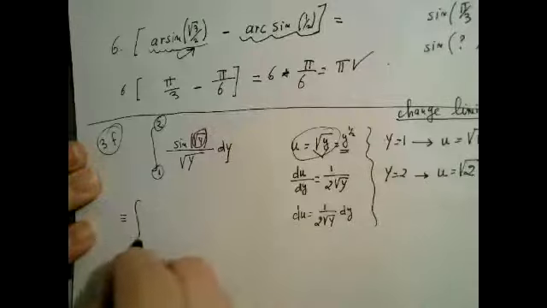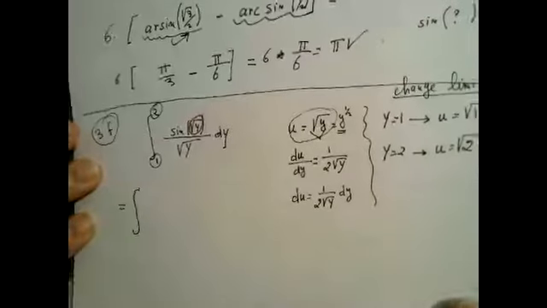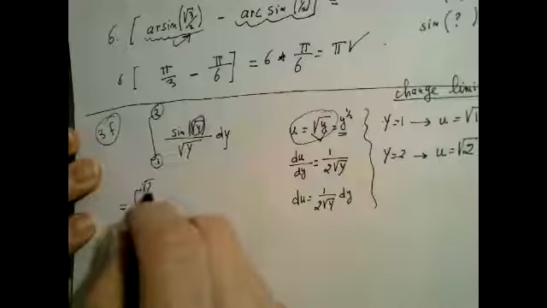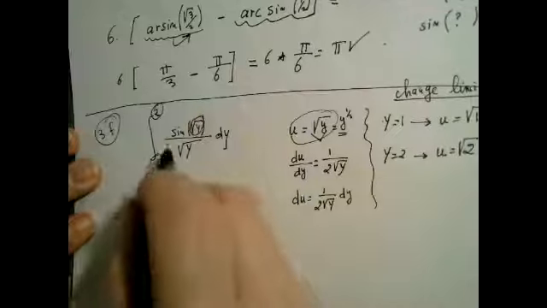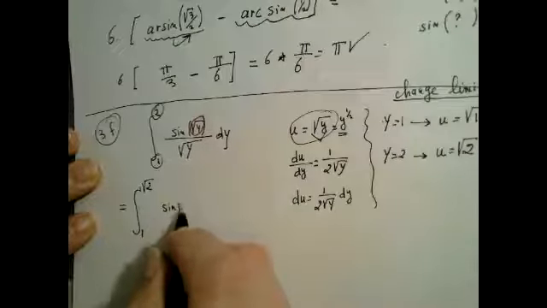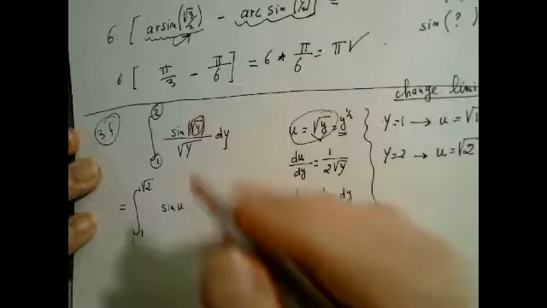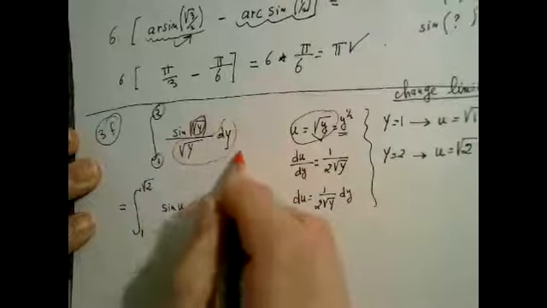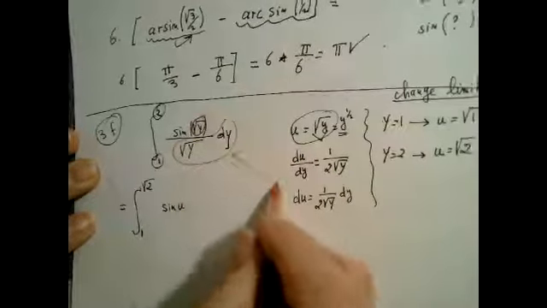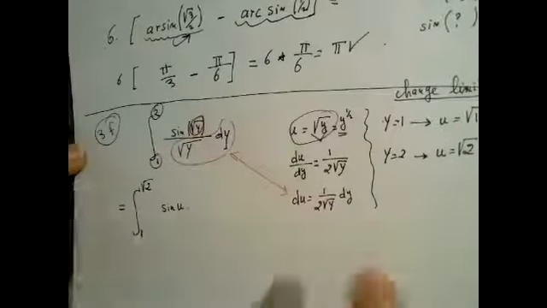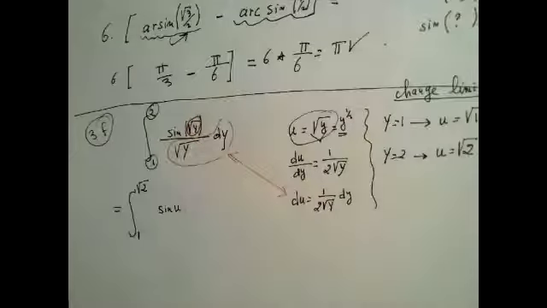Now everything is substituted within the integral. The 1 stays 1. The 2 becomes the square root of 2. Sine of the square root of y becomes the sine of u. And now I have a piece, the dy over the square root of y. When you do substitution, you keep your eye on the integral and on the du right here, because you do have to do the substitution.